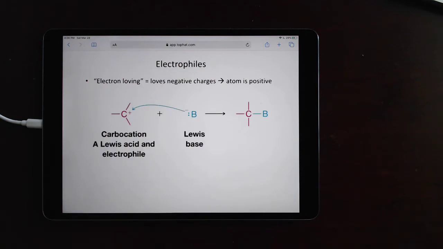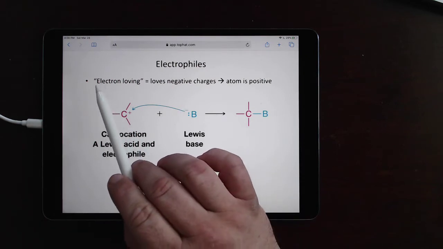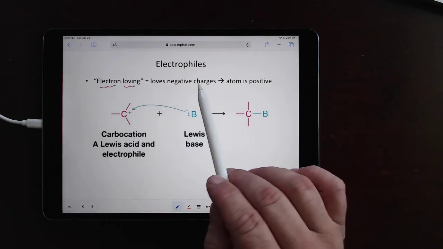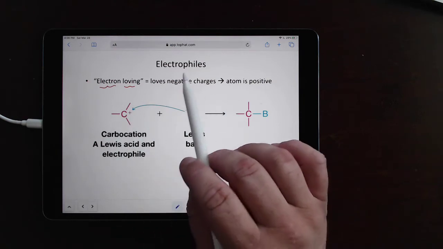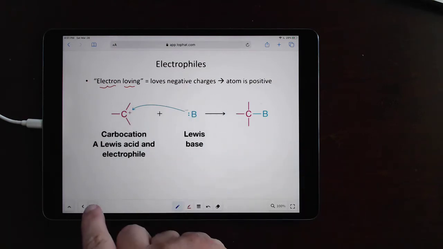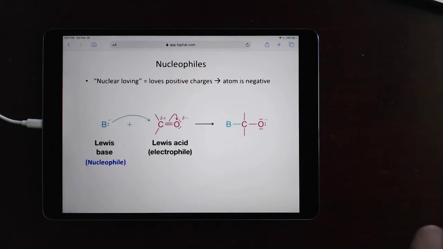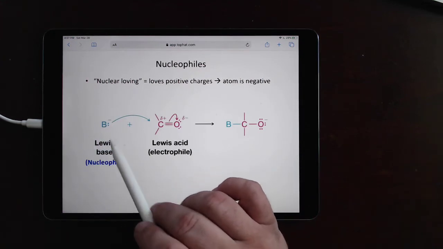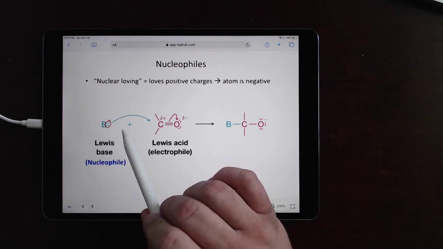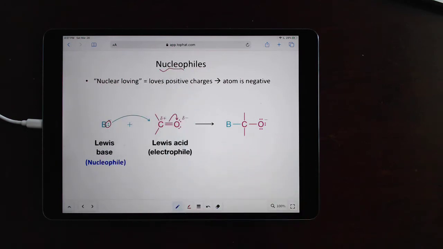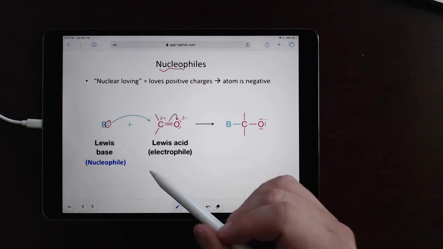Okay, so we talked about this in the last chapter. If you've got electrophiles, they are electron loving, right? So if you're loving electrons, you must be positively charged. So a carbocation is an electrophile. But if you have a nucleophile, it's going to be some sort of Lewis base. You have a lone pair, you are nucleus loving, you are positive loving, so you must have negative character.